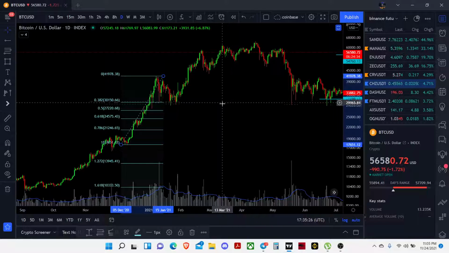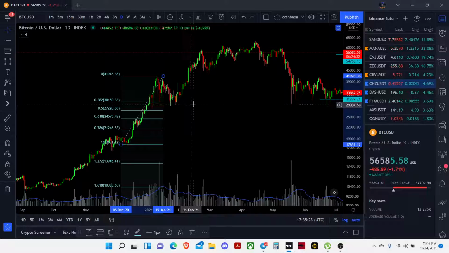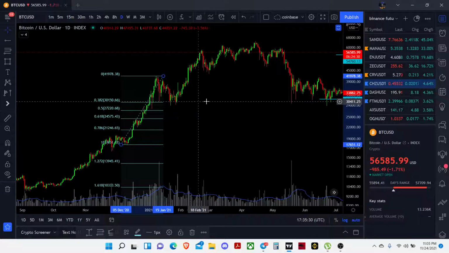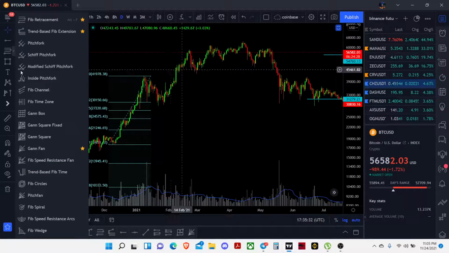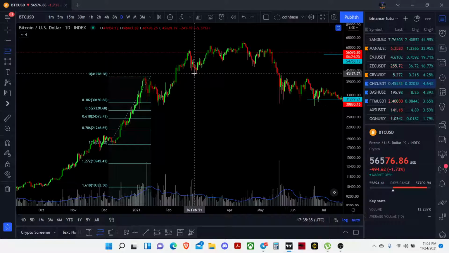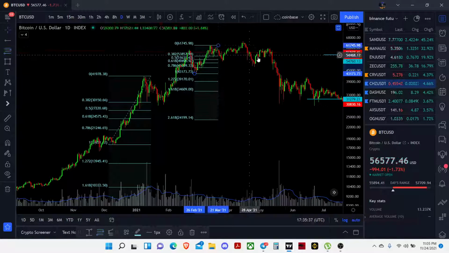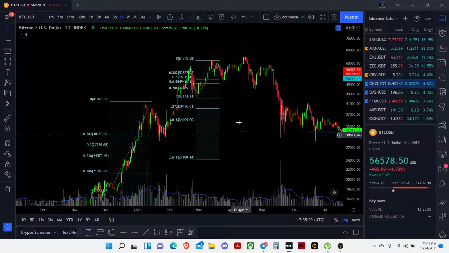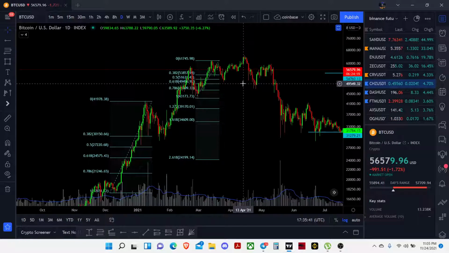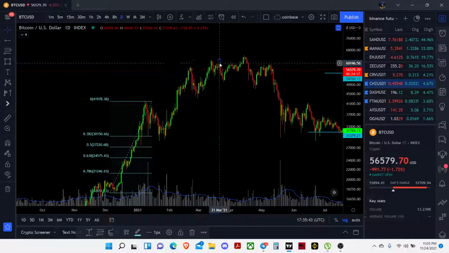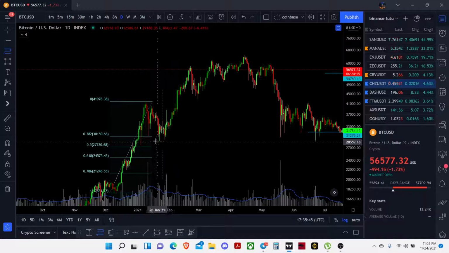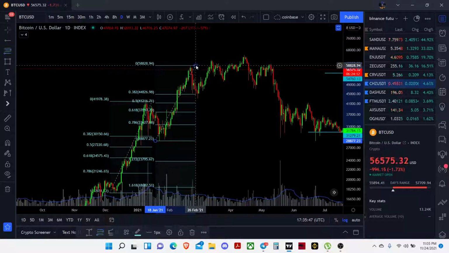So we got a bounce from overall the 0.38 level, and here if we use the same fib and pull it from here to here, you see that we bounced from the 0.5 to 0.6, right? We missed one major kind of move.